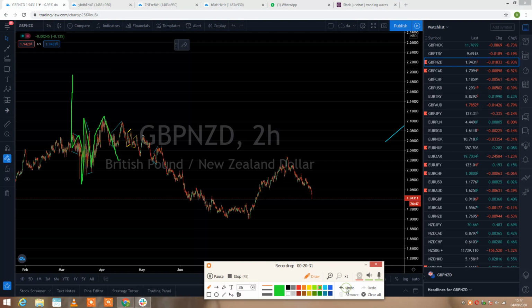Meaning we have this, and that's why we decided on the 3-wave move to the downside to this point. And then what happened, it pushes like this, which is WXY. So what I see on the pound pace is this should be a W, and this is going to be a WX, and we're expecting this Y to come at this point.